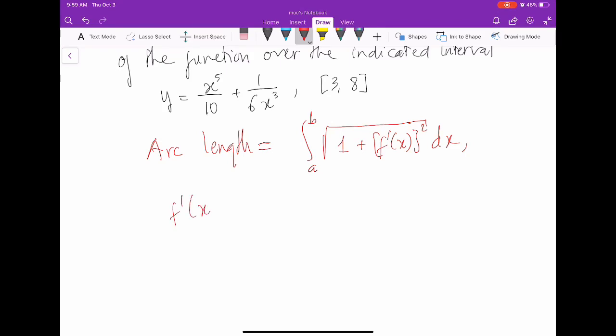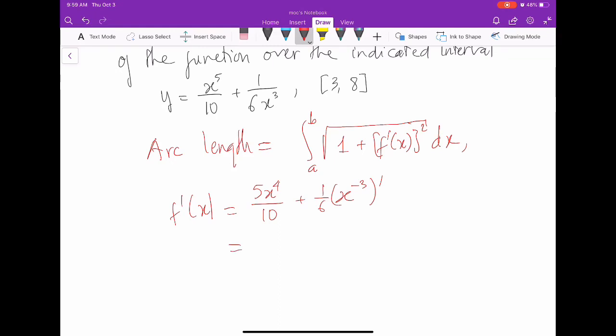F prime in this case is equal to 5x to the 4 over 10 plus 1/6 times 1 over x cubed, which I write in the form x to the negative 3. So we write it in power form, and it would be easier for us to differentiate.